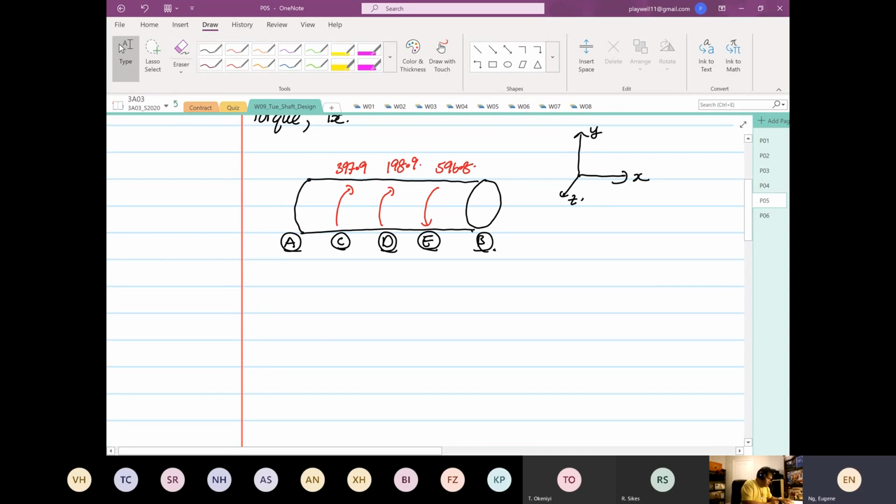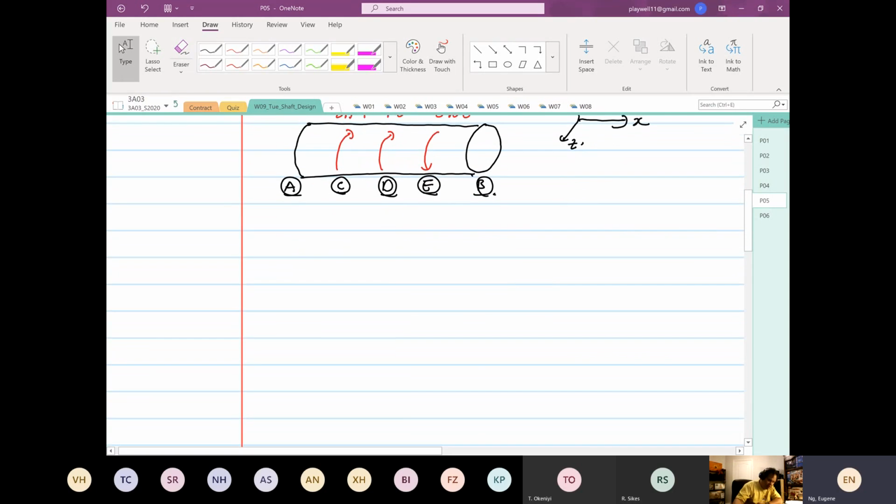As I said, the torque is the one that a lot of students make a lot of mistakes on. I don't want you to make the same mistake. So now we have our point A, and this is our torque. Now this is critical. Don't make a mistake.